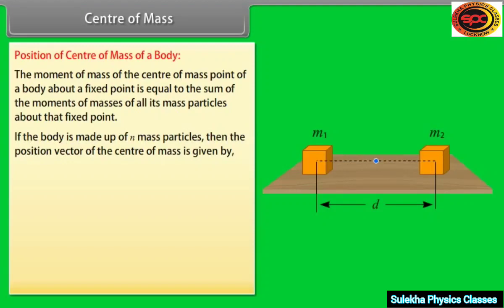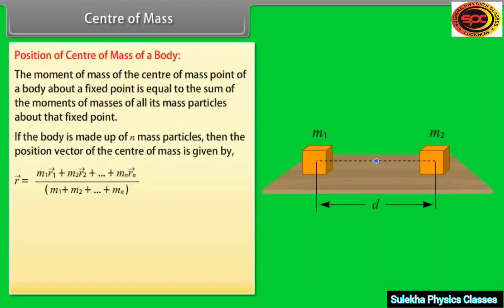If the body is made up of n mass particles, then the position vector of the center of mass is given by r vector is equal to m1 r1 vector plus m2 r2 vector plus so on till mn rn vector, divided by m1 plus m2 plus so on till mn.